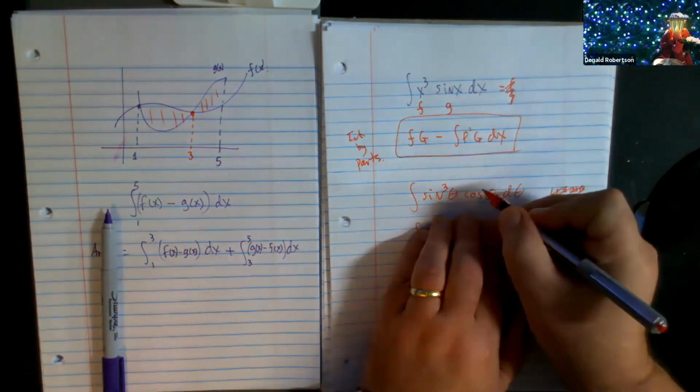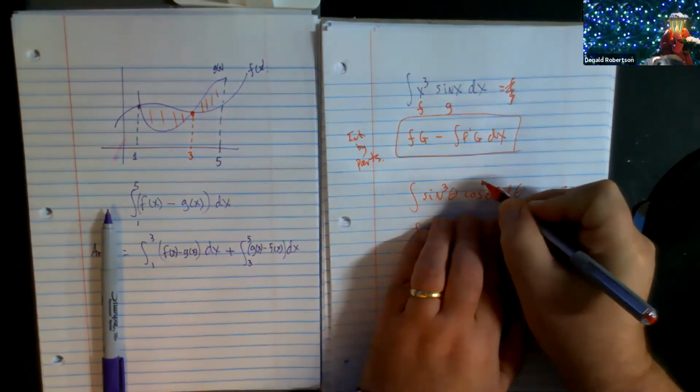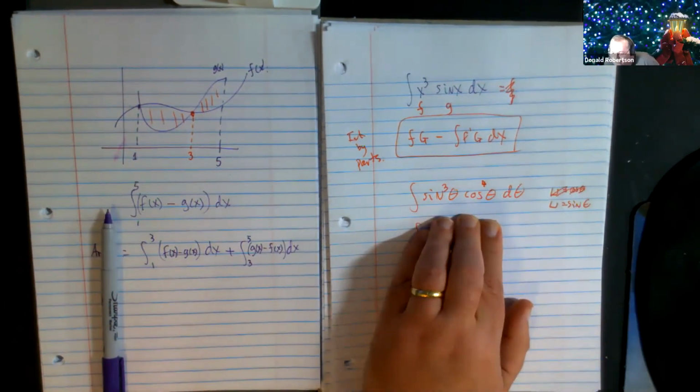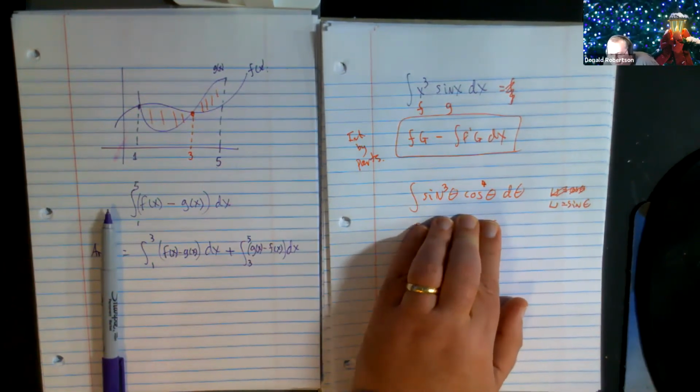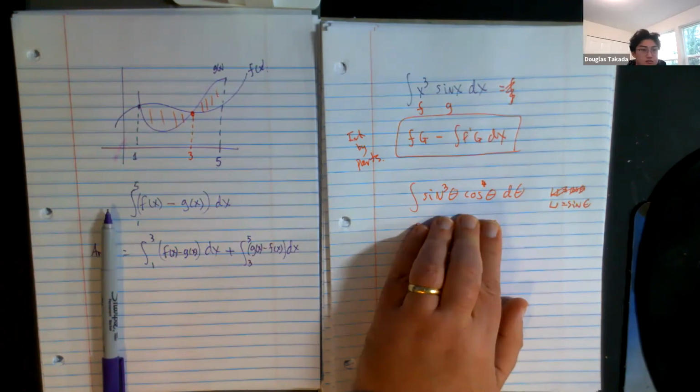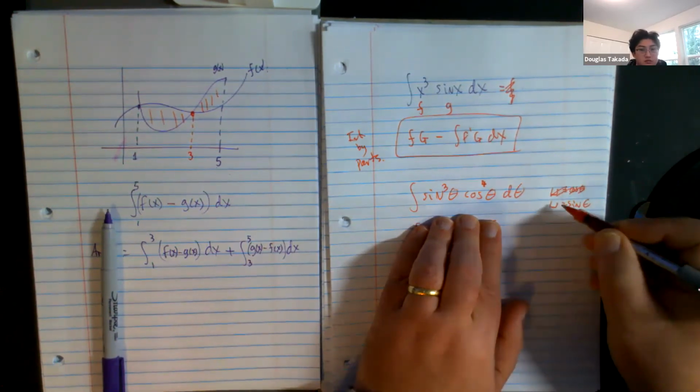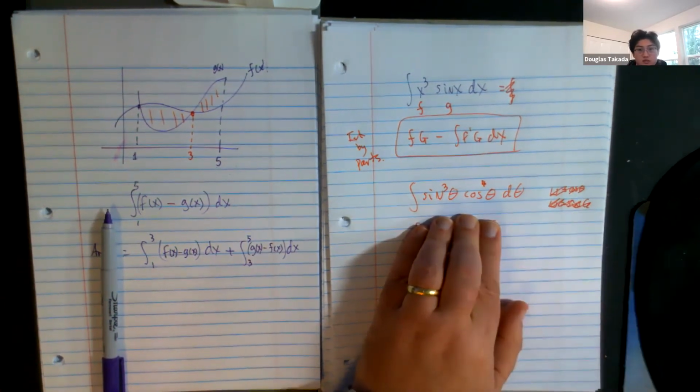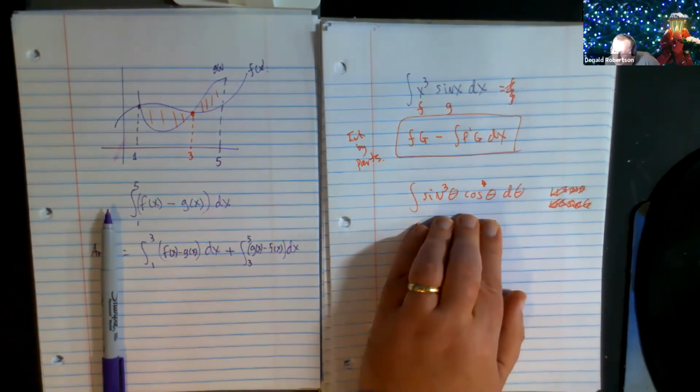Now make it harder. Who do you pick this time? Because there's one correct one. Sine? Nope. Cosine. Why the cosine?